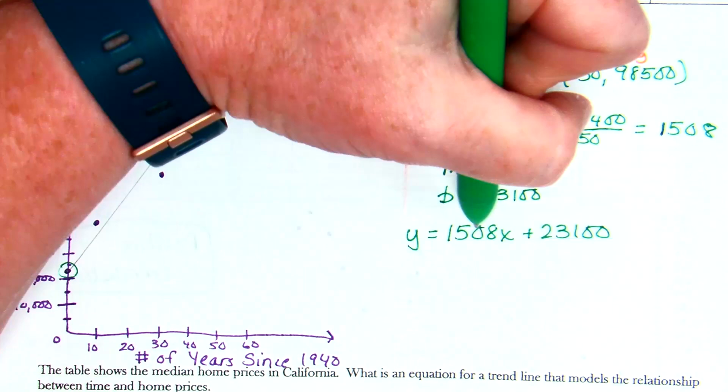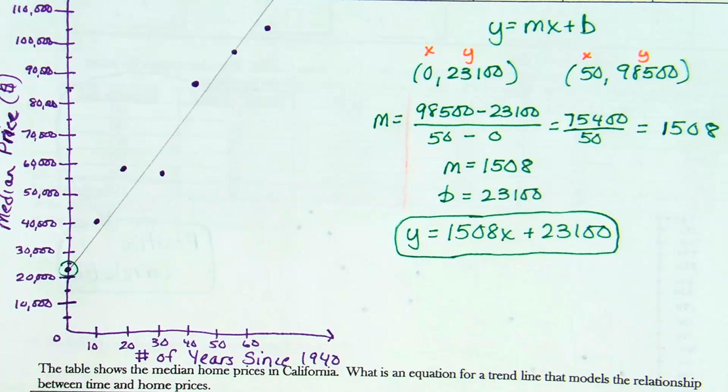Now, we've got one more part of that problem to finish real quick, because it asks one more question up there. The question was, use the equation to predict the median home price in 2010.